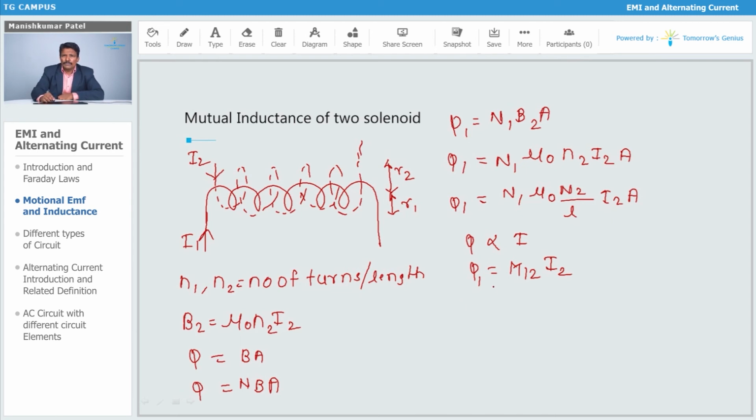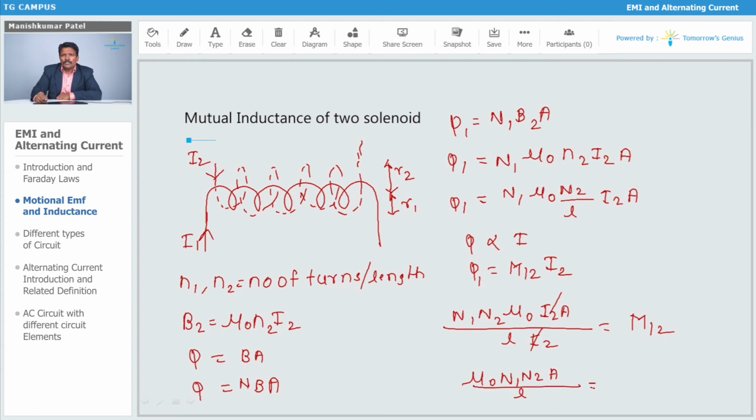So this phi1 that we have just written over here is N1, N2 mu naught, I2 A upon L. And if you divide by I2, that is M12. So you can see that this I2 gets cancelled, and easily you can write it down now: mu naught N1 N2 A upon L, and this is the mutual inductance.